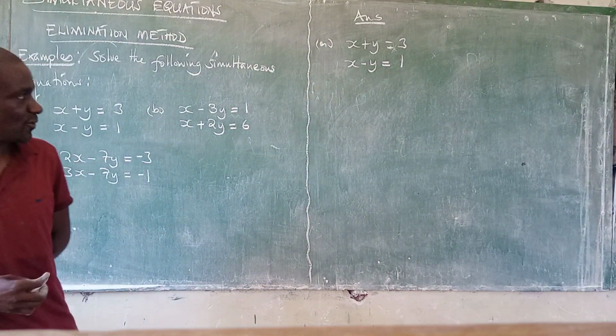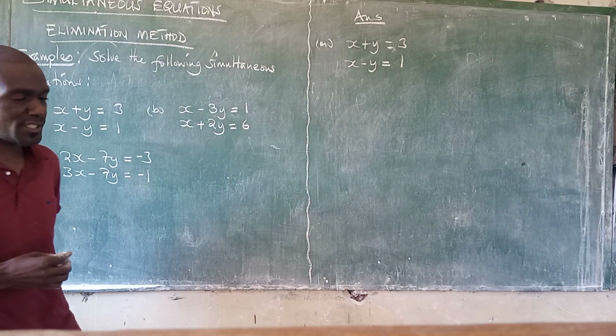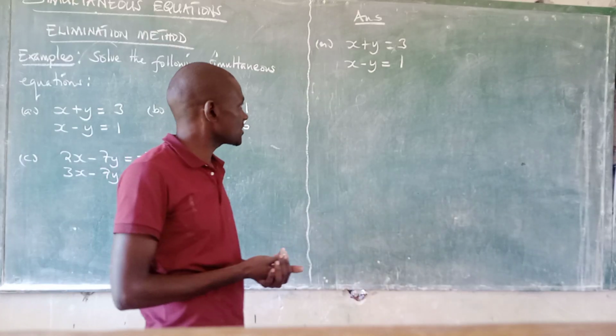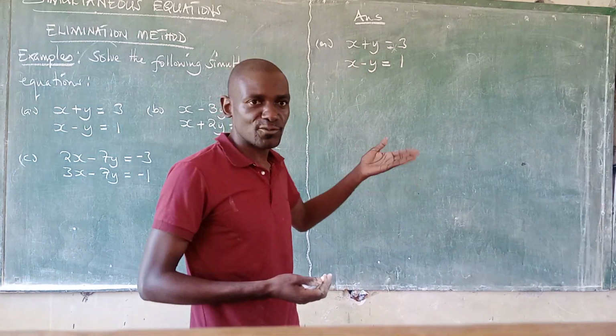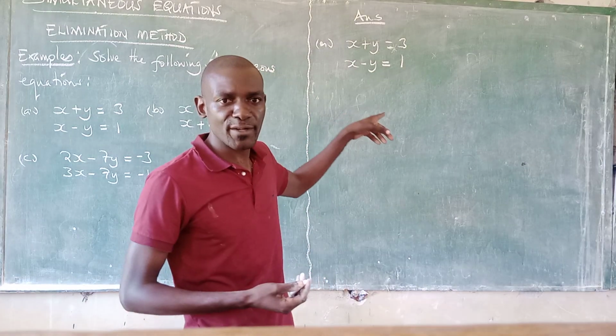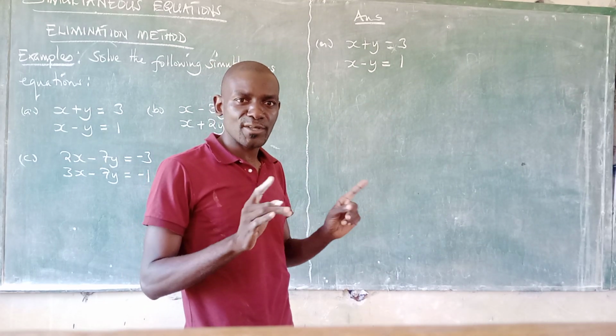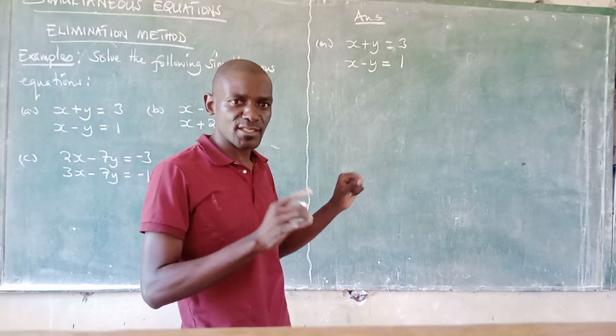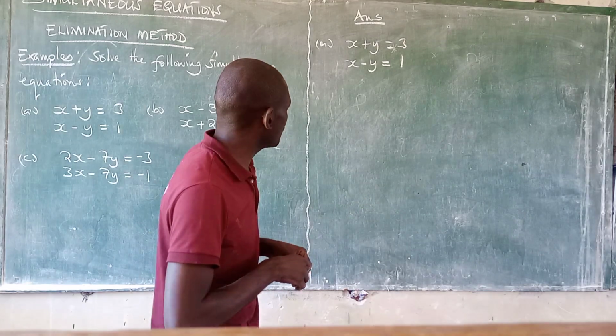If we are to solve this one by elimination, all we need to do is just add the two equations. If we add the two equations, we are sure that one variable will be eliminated. And when we remain with only one variable, it's easy for us to find the value for that variable.